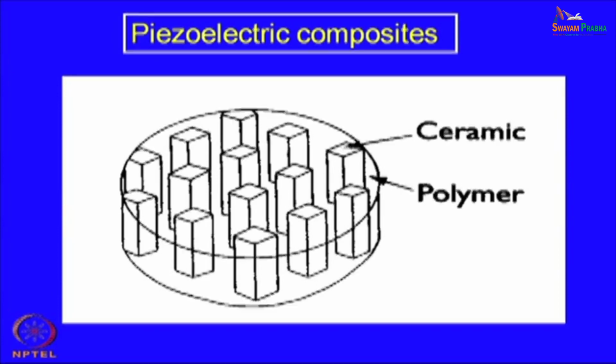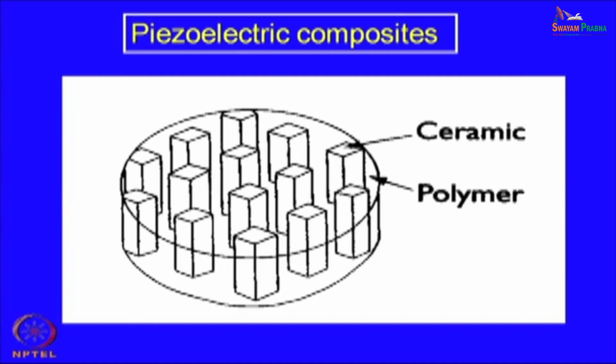One can also have various other connectivities, like a 3-3 connectivity. It is quite difficult to make, but one can make a continuous porous structure of ceramics, and the pores are filled up with polymer; that can be a 3-3 composite. One can also have a 2-2 composite, in the sense that polymer is continuous in 2 dimensions and the ceramic is also continuous in 2 directions.